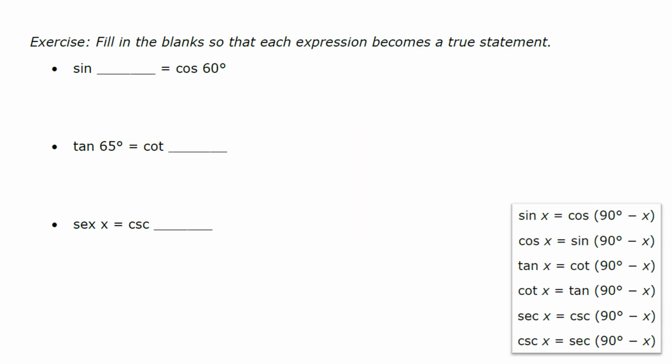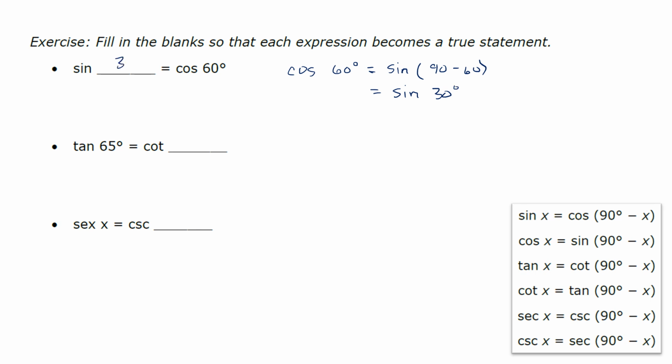So in our first example here, let's fill in the blanks so that each expression becomes a true statement. We are asked to find the sine of what degree measure equals the cosine of 60 degrees. Well, the cosine of 60 degrees equals the sine of 90 minus 60, which is the sine of 30.